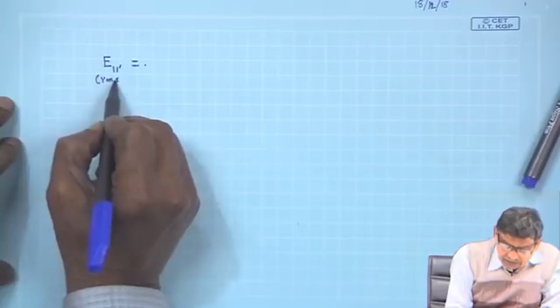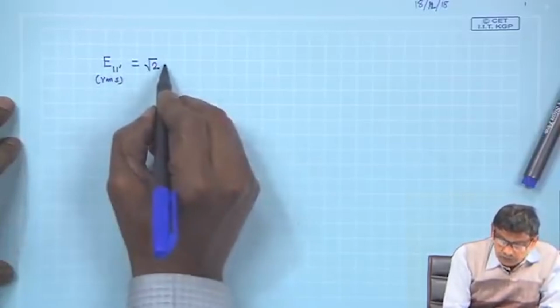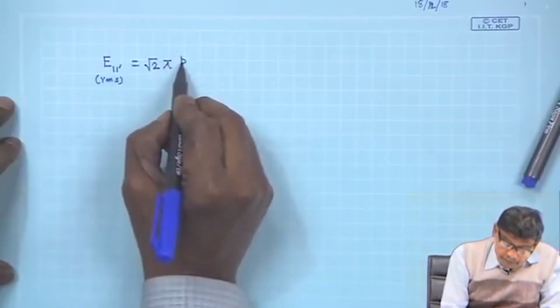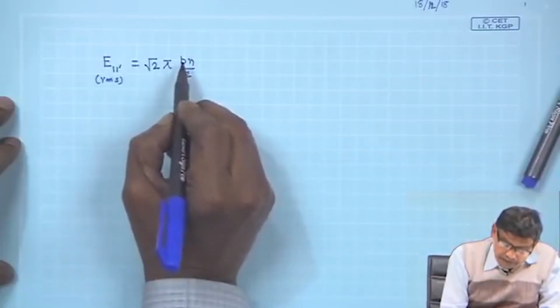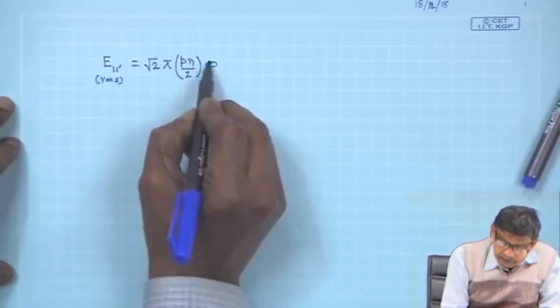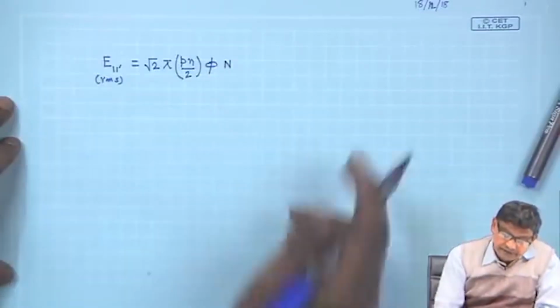This RMS I will not write henceforth, but for the first time let me write root 2 pi, P n by 2, root 2 pi, then I wrote phi, and then I wrote capital N. What are these things?